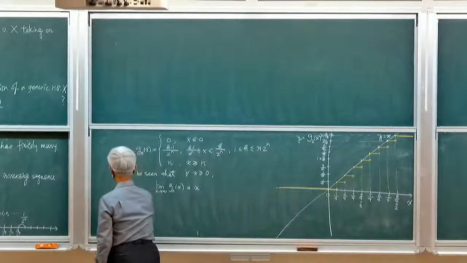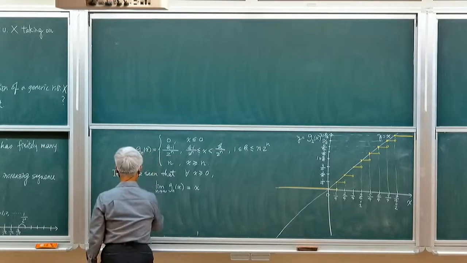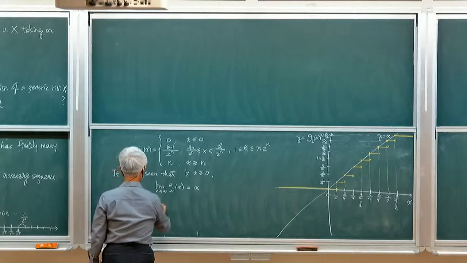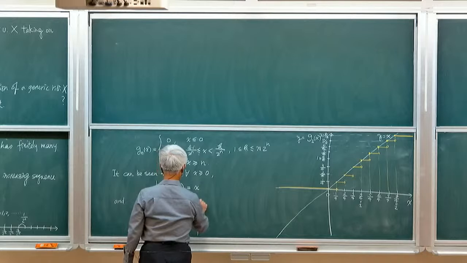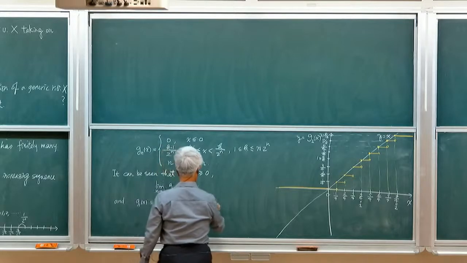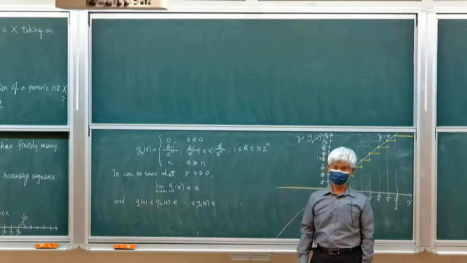And we can see that g1(x) is less than or equal to g2(x), less than or equal to Gn(x). So it's monotone increasing.